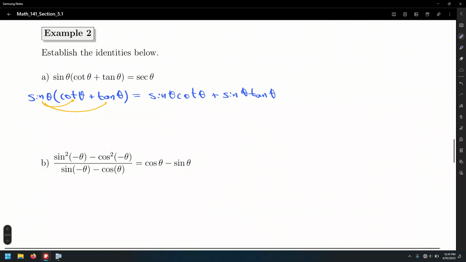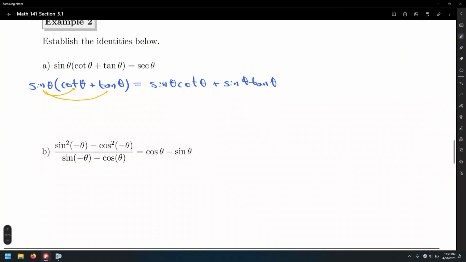And then from here, how about we write down those cotangents and tangents in terms of sines and cosines and see what we get.